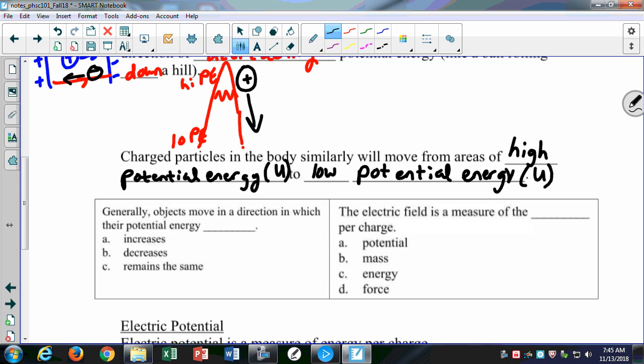Sort of tuck that idea away, and then when we get to ions in the body moving across cell membranes, we'll remember that. We'll describe that in terms of this motion from high to low. All right.